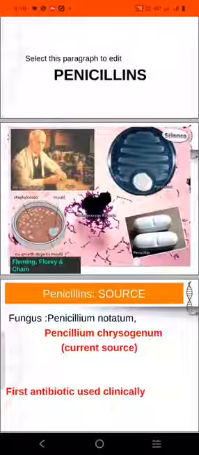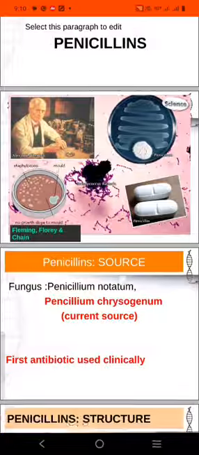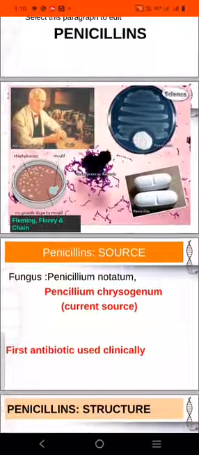So this is the first antibiotic invented by Alexander Fleming. In his laboratory he saw a bacteria. When he was culturing this bacteria, he saw a fungus present in the bacterial strain was destroying the bacteria.